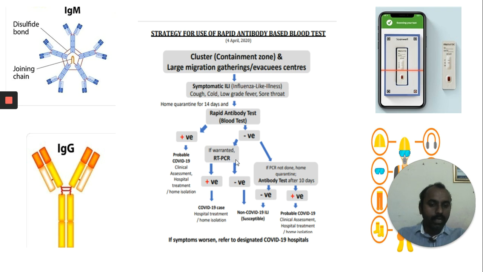If he does not have any symptoms, and his rapid antibody based test is negative, he will be quarantined for 10 days, and after 10 days he will be tested again with the rapid antibody based test. If the rapid antibody based test is negative again, he is not infected, and if it is positive, he will have a probable COVID-19 infection.